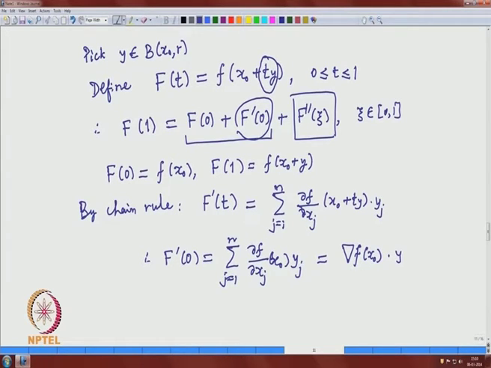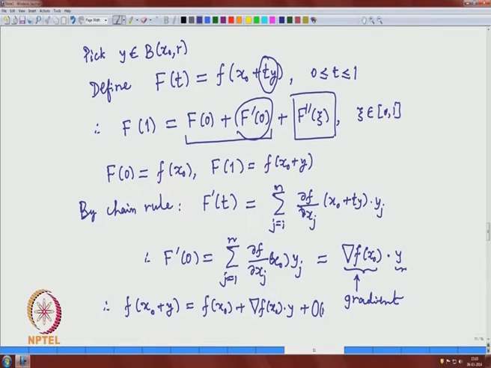This is a vector and that is a vector, so this is a scalar product. Okay. So, therefore, if you put back, f of x 0 plus y equals f of x 0 plus gradient of f at x 0 dot y plus, let me just write that as, order y square.